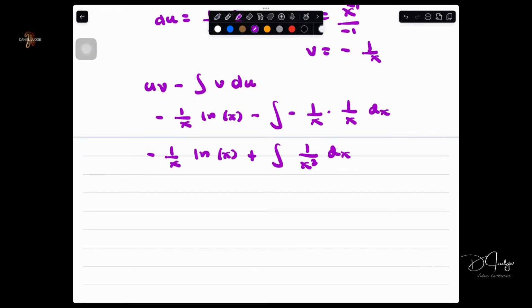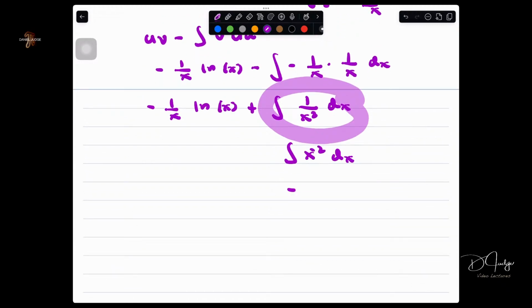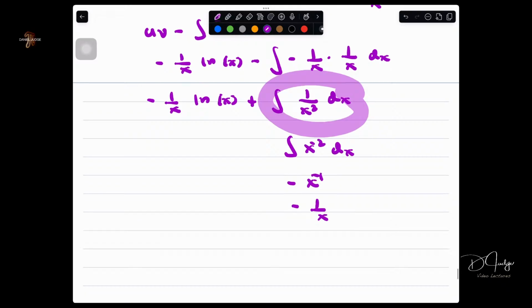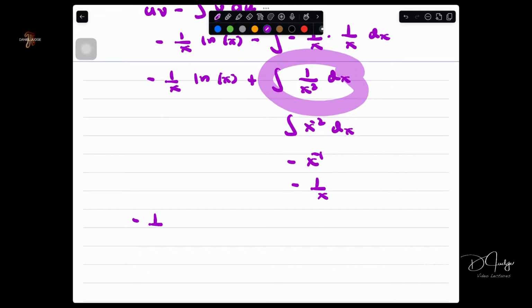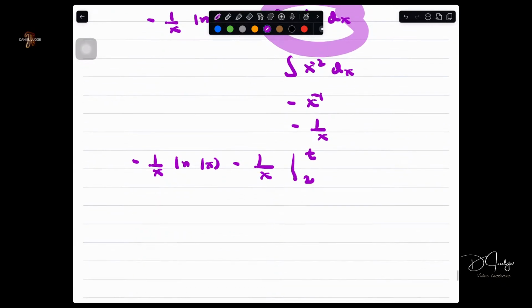So this integral now here is x to the minus 2 dx, which will give us negative x to the minus 1, or negative 1 over x. So we get negative 1 over x natural log x minus 1 over x from 2 to t. All right.